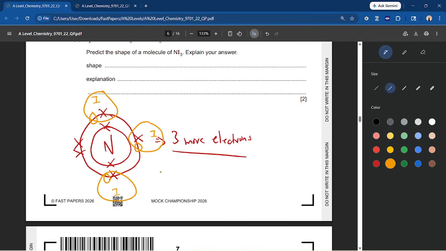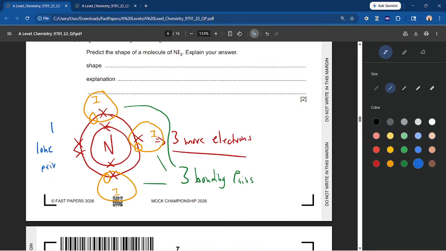So this shape has 1, 2, 3 bonding pairs and 1 lone pair.